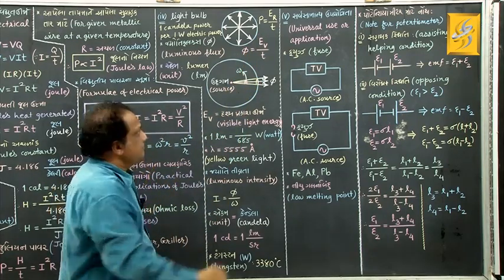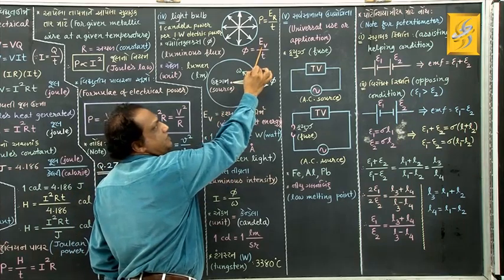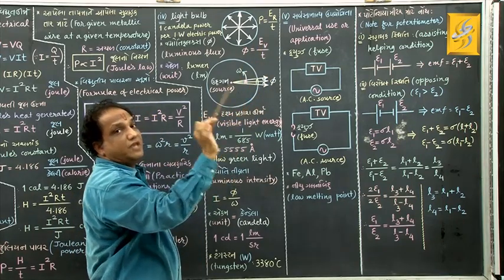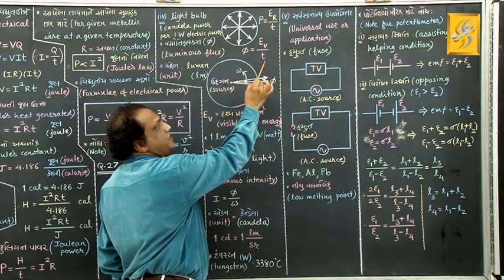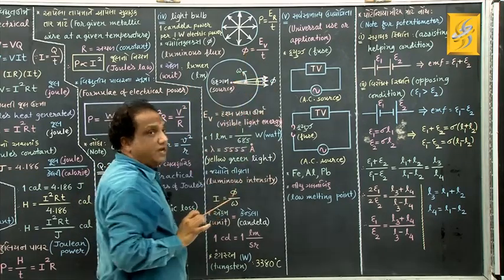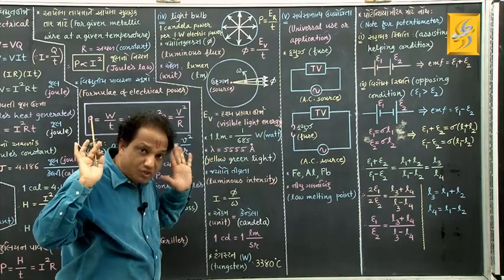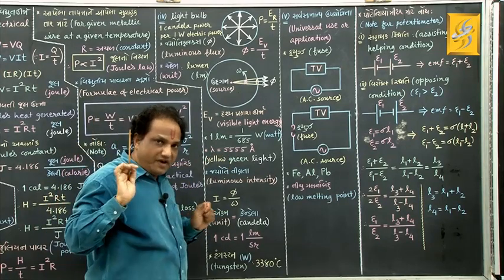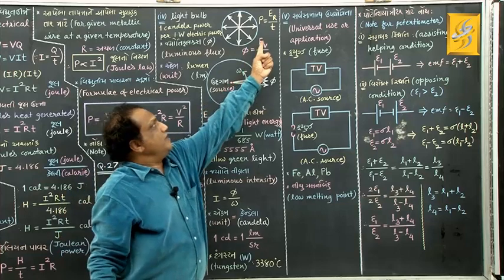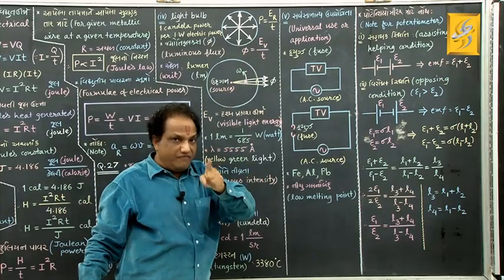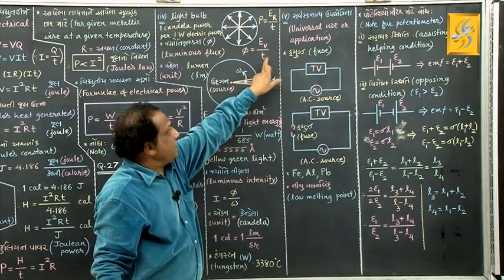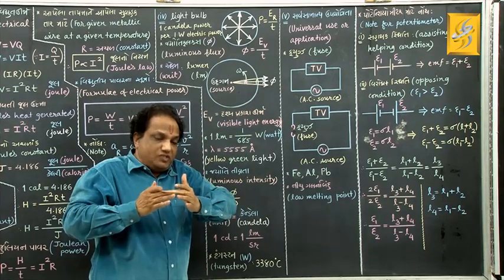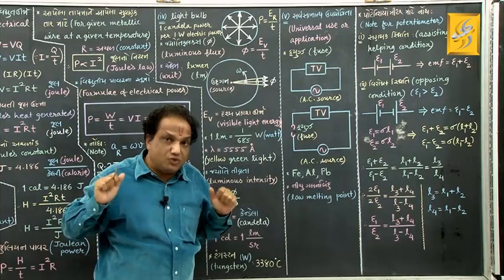Very simple. Visible light energy emitted from a given source of visible light per unit time is called luminous flux coming out of that source. I redefine: visible light energy emitted from a given source of visible light per unit time is called luminous flux coming out of that source.